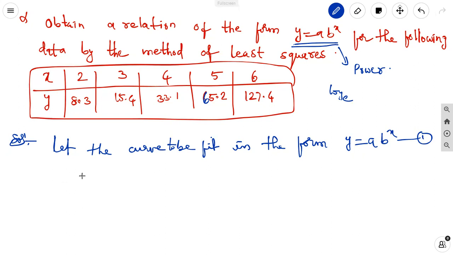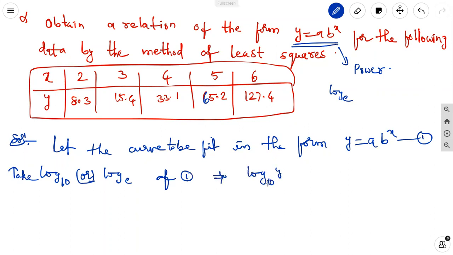By the method of least squares, we can take the log either base 10 or log base e of equation 1. From this, I am taking base 10, because in the previous class I took the base e.